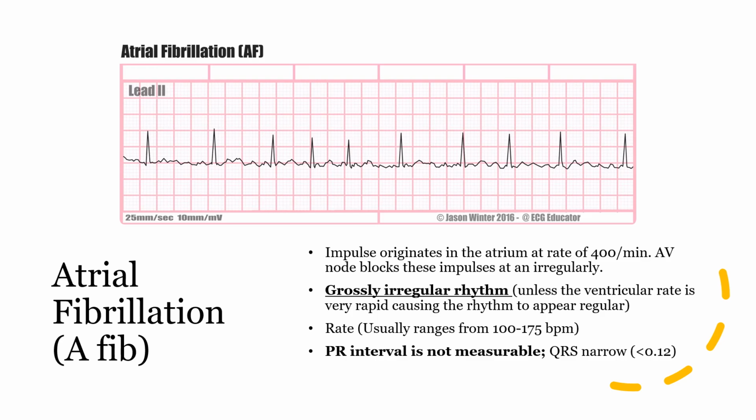In atrial fibrillation, we have an irregular rate, an irregular rhythm. We can count the rate again by looking at the R waves.